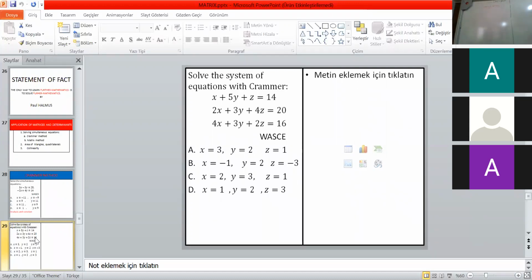I've added extra minutes. Although it's involving, you have to be extra careful when you're solving this. Okay, which one should I take?